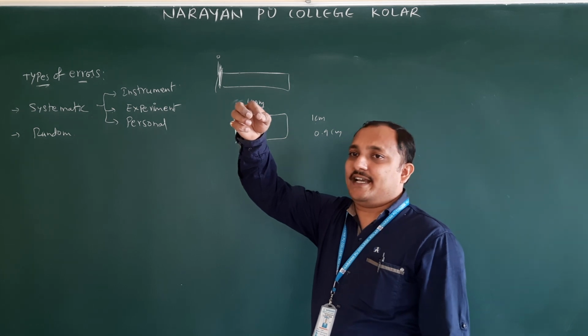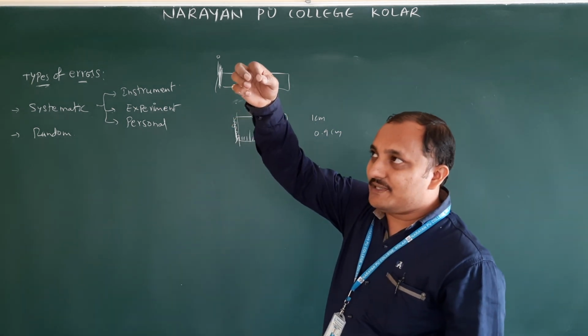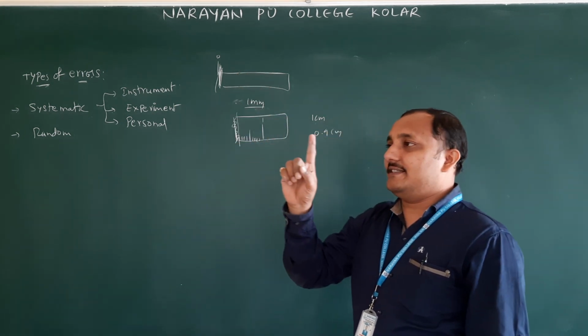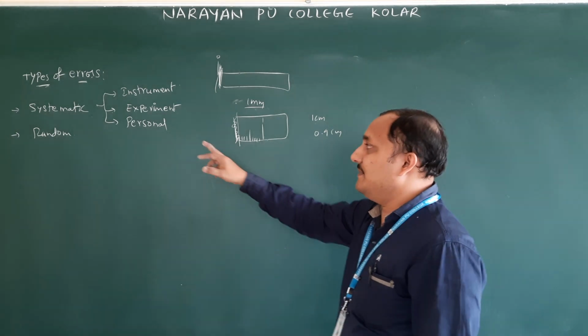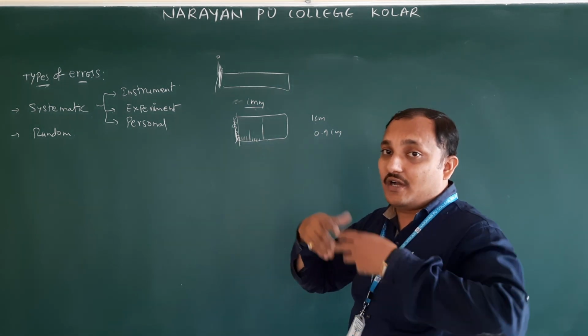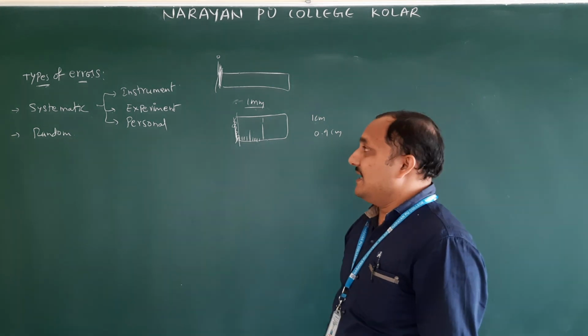Say the exact reading is 1.5. If you didn't look properly, seeing from below it seems to be 1.6, and seeing from above it seems to be 1.4. Exactly, your face and eye should be at the same level. That comes under personal errors, which depend entirely on us. Because of our carelessness, this type of error comes.